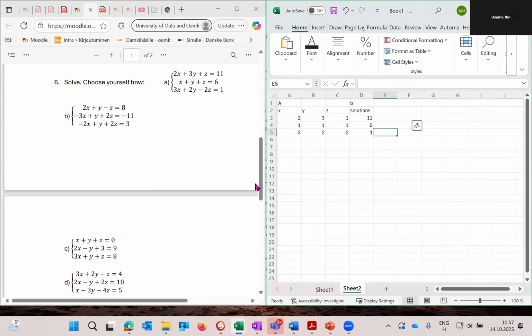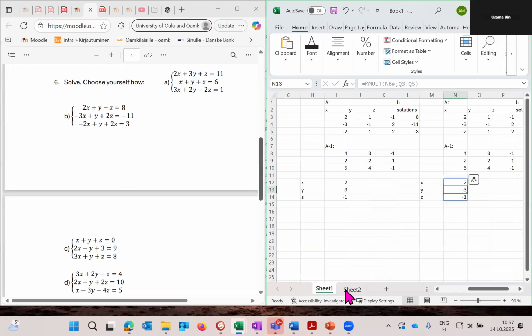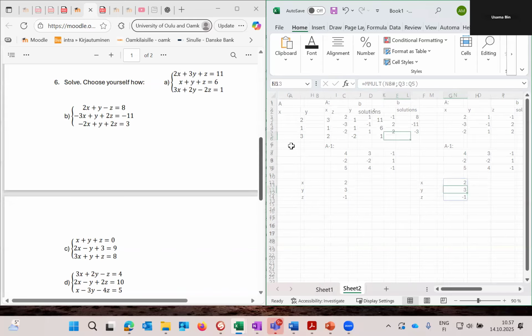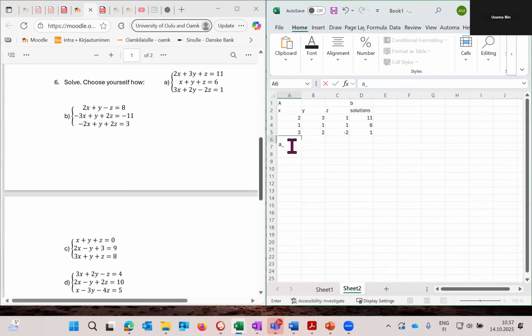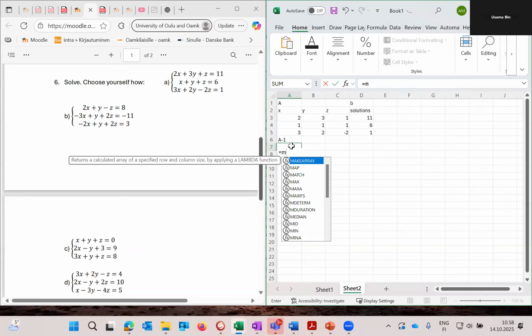And then I had to write the inverse. So now I take the inverse. Oops, I'll write it like this. A minus 1. Okay, and it would be here M inverse.